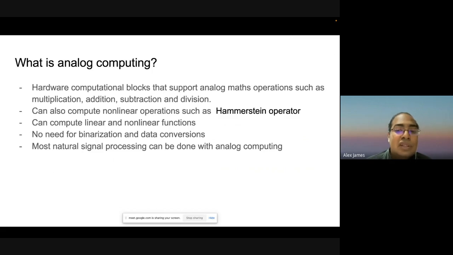You can also think about more complex linear operations other than multiplication and addition. You can think about nonlinear operations to be implemented, linear and nonlinear functions to be implemented. The idea is that you don't need to go for binarization or data conversion to do a lot of this processing. So where does it really fit as of today?